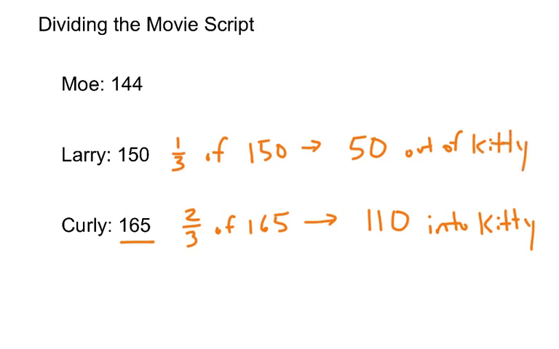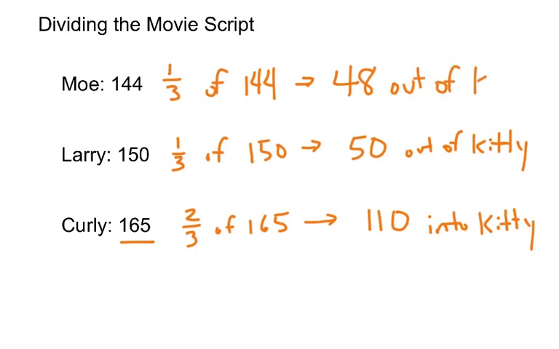And then Mo didn't get the movie script. He's entitled to 1/3 of his $144 bid, which means he's going to take $48 out of the kitty.